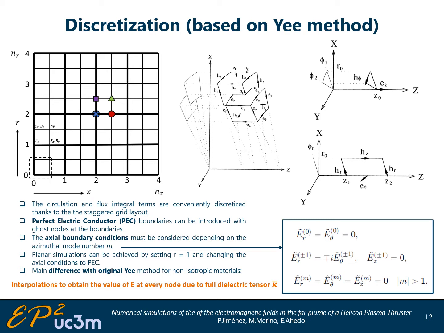This is based on the well-known Yee method. The main difference with the vacuum Yee method is that we have to perform some interpolations between the electromagnetic fields in the different node positions to account for the presence of the plasma. The boundary conditions for the domain are perfect electric conductor walls in the lateral wall and top wall, and some continuity conditions for the axis depending on the mode number.